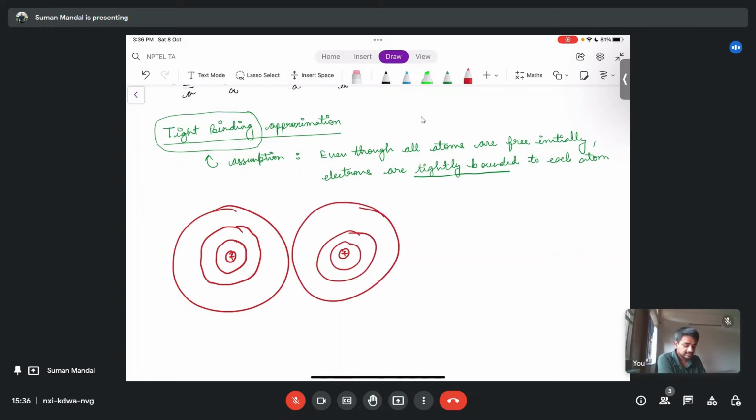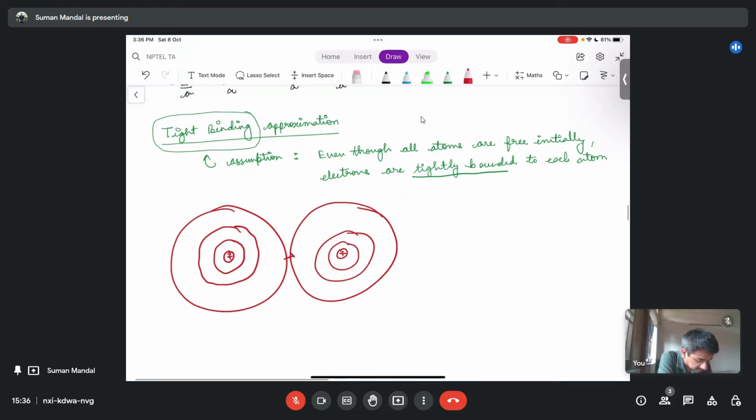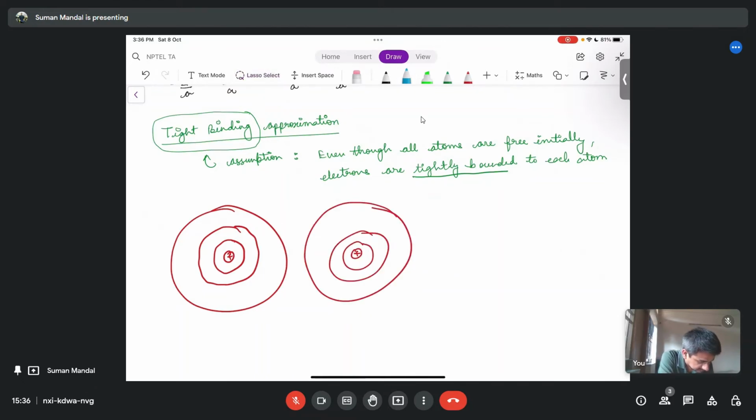In this, the outer shells are very close to each other, but the inner shells are very far from each other. These are the outer shells. The electrons here are very close to each other, but the electrons here are very far from each other.